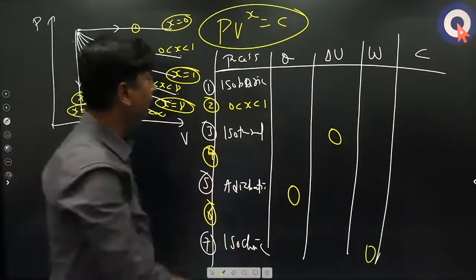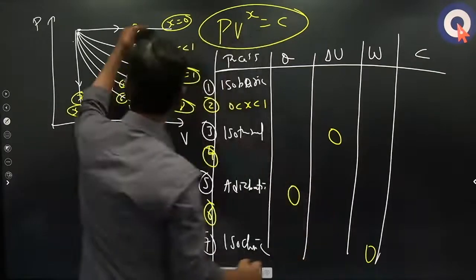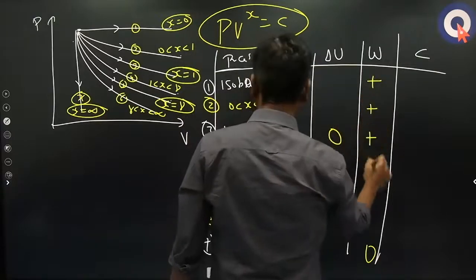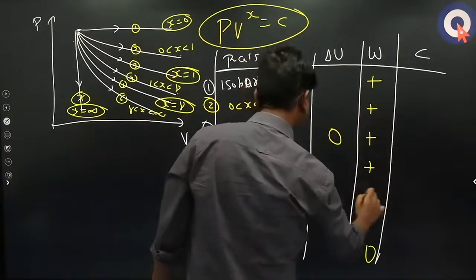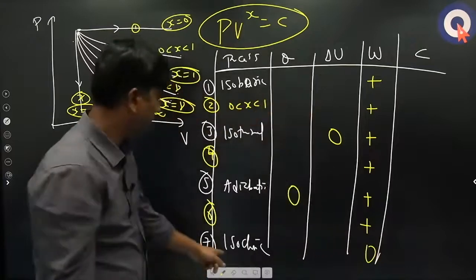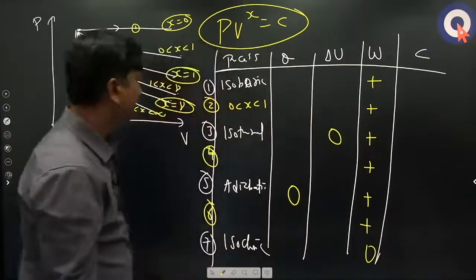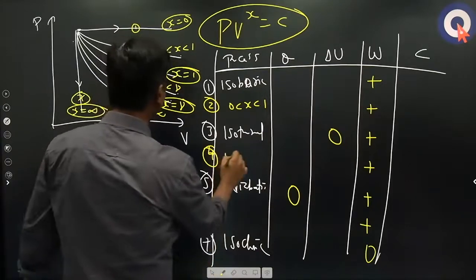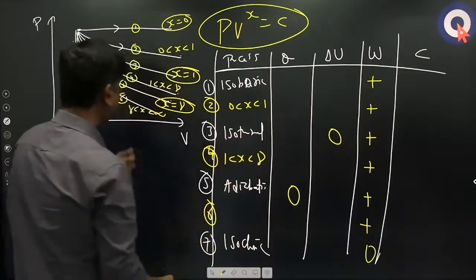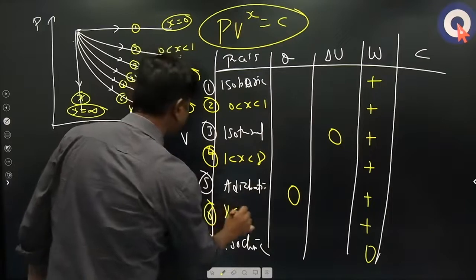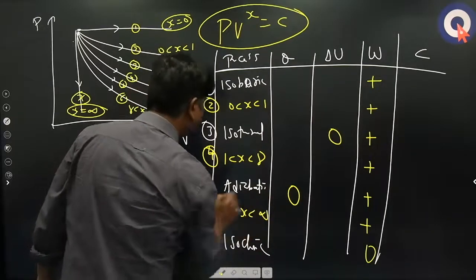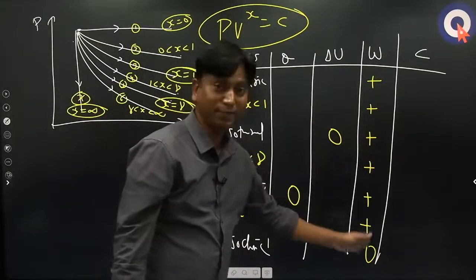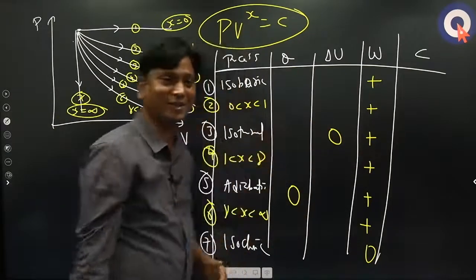And all work done are positive, except the isochoric, which is 0. Here the fourth one, I will call it 1 to gamma, and of course the sixth one, gamma to infinity. All are positive for expansion. For compression, it will be reverse.